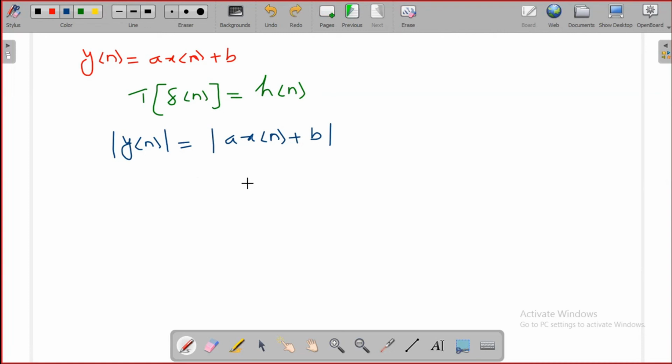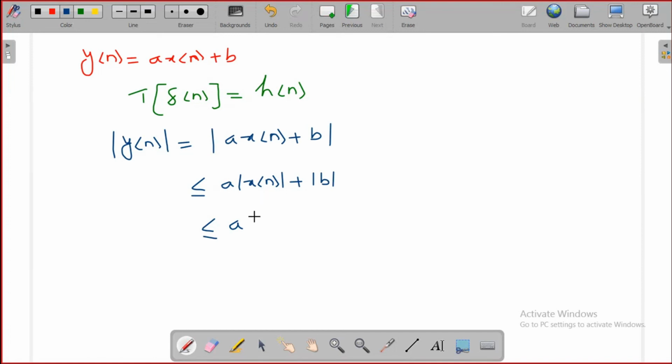You know this property of the modulus: the modulus of a sum of terms is less than or equal to the sum of the moduli. So it is less than or equal to A into mod x of n plus mod b, where mod x of n is the magnitude of the input signal.